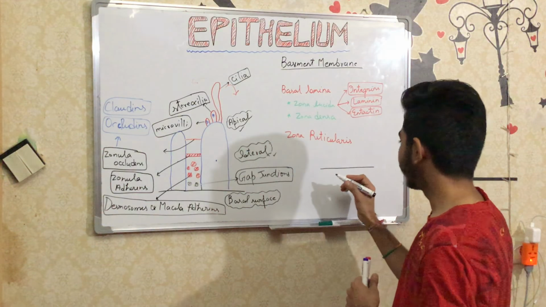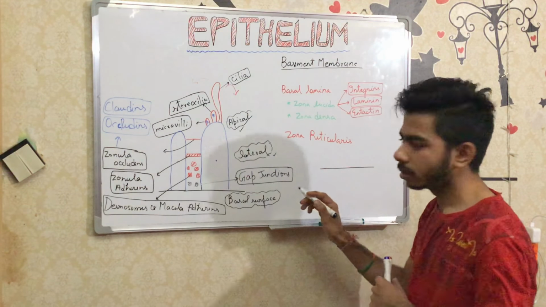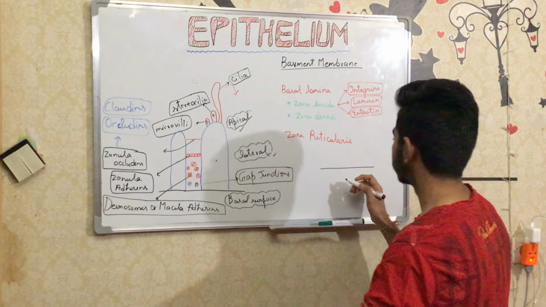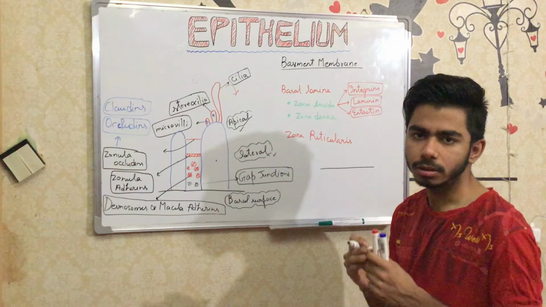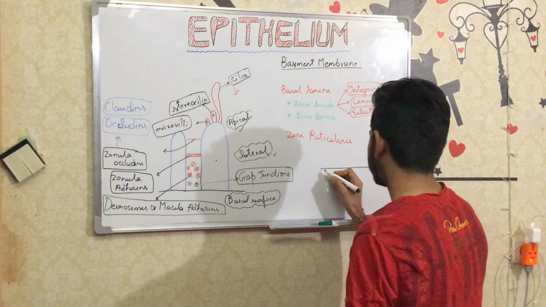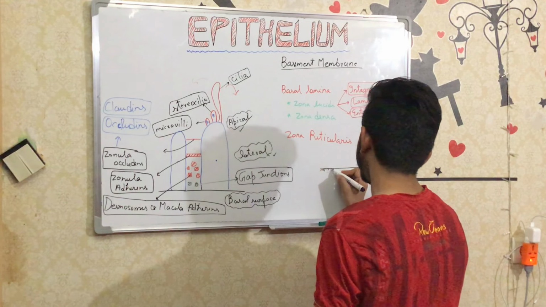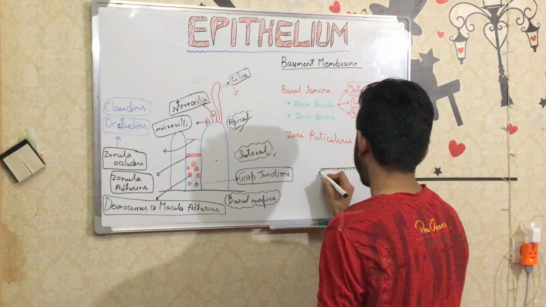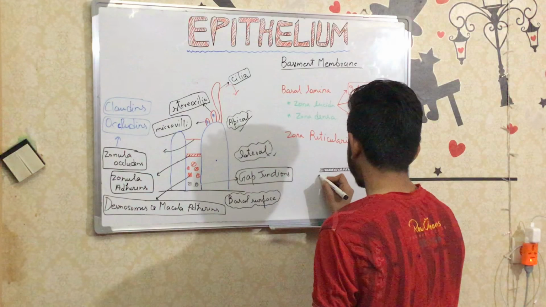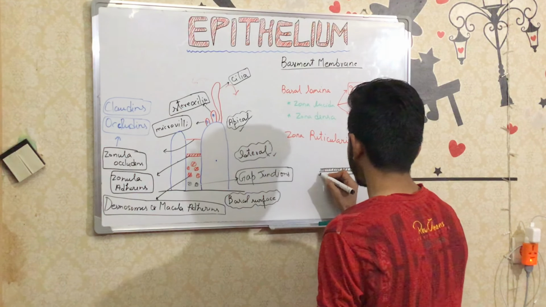Okay, so if I magnify this basement membrane of the epithelium, on which the epithelial cells rest, this is the lighter portion of the basement membrane, and here this is the more denser portion.